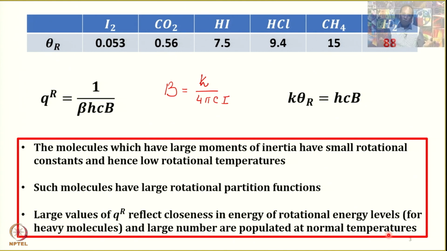Higher the value of Q, the more is the fractional population of the upper states. That means the energy levels are very close to each other, therefore even at normal temperature such as room temperature, many rotational energy levels will be populated.